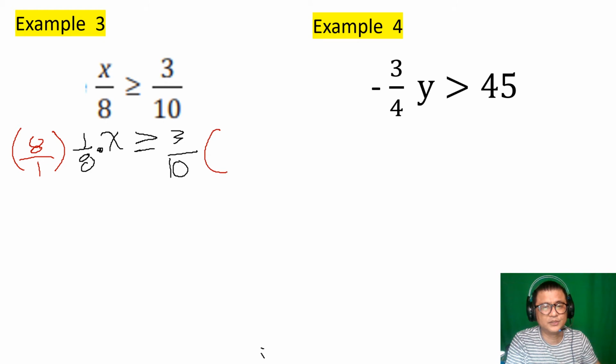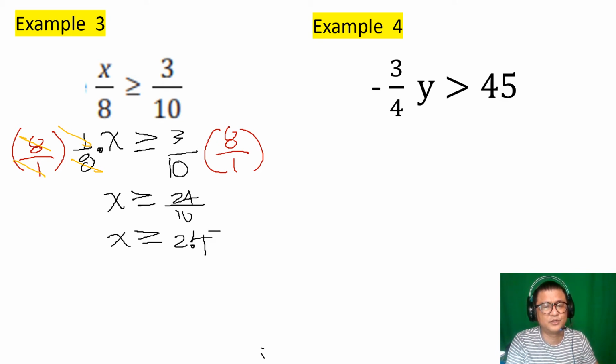So what you do on the left, you do on the right. So what will happen here? This will cancel out. Therefore, x will now be alone, greater than or equal to, multiply your fraction, 24 over 10. X is greater than or equal to 2.4.